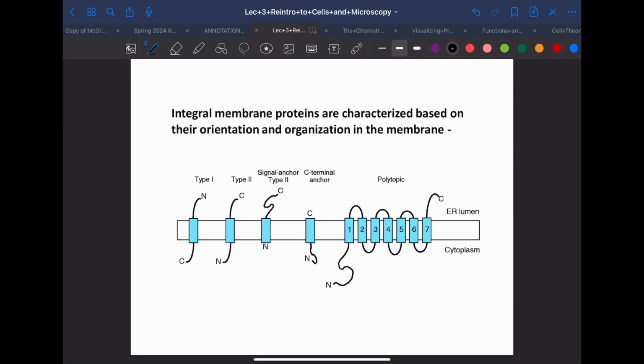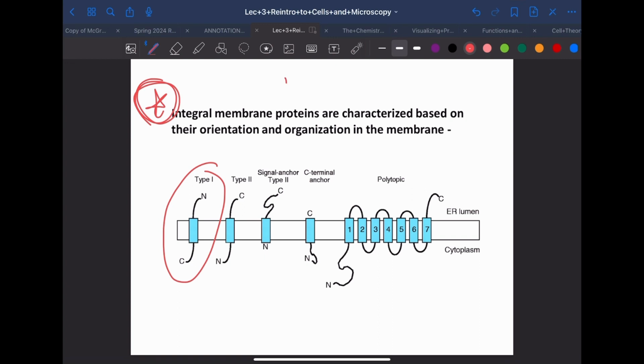So yes, I'm going to put a star. Yes, you need to be able to figure that out. I could give you something that looks like this, and I might ask you, what type of integral membrane protein is that? And hopefully you'll tell me it is type 1. And just in case you're sitting there and you're like, what the heck is the N and the C? That is the groups that's attached to your protein, right? Remember, you have an amino group and a carboxyl group, right?